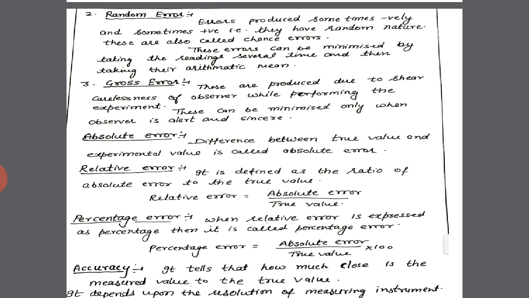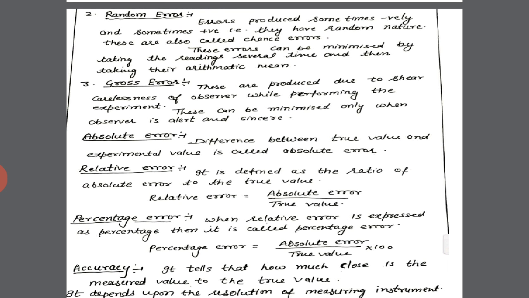Absolute error: the difference between the true value and the experimental value is called absolute error. Then relative error is defined as the ratio of absolute error to the true value. You can see the formula also.